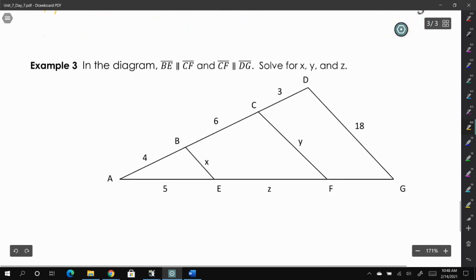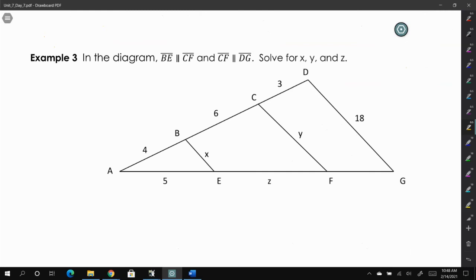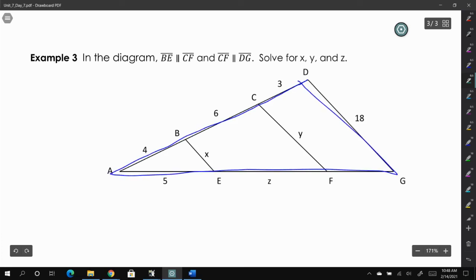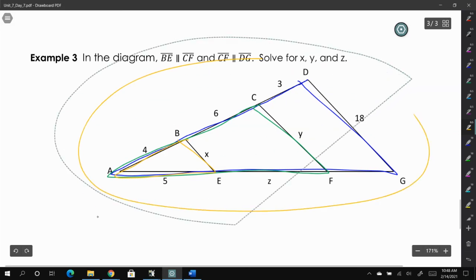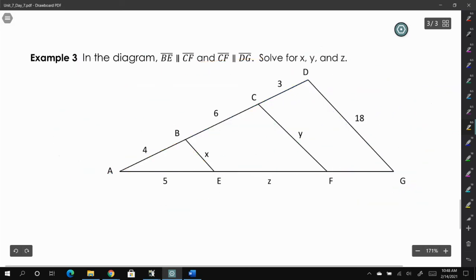Now in example number 3, we have 3 triangles here. We have this huge one, we have the smaller one, and then the smallest one. So we're going to be doing a lot of calculations here and labeling of things, so it could get messy pretty quickly.